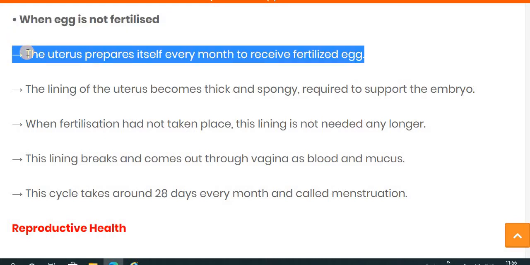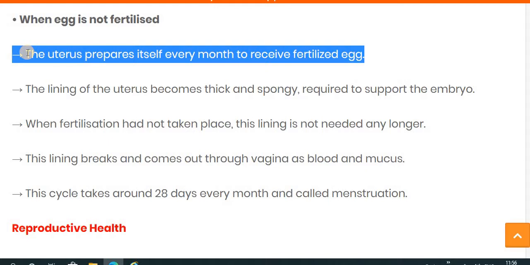The uterus prepares itself every month to receive the fertilized egg. If fertilization occurs, the uterus provides nourishment and nutrition to the embryo.